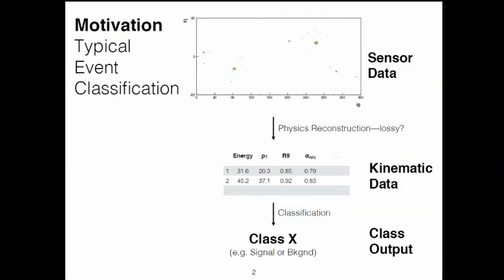I should mention that what we consider high-level is what many people in the talks here have still considered as low-level. By low-level, I really mean the deposits in your detector. Okay, and so it's usually this which comes as the starting point whenever you try to do event classification.